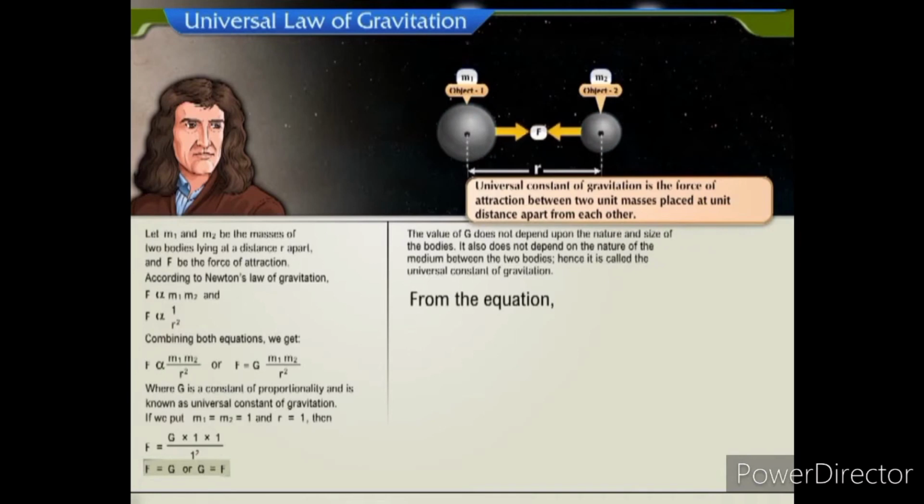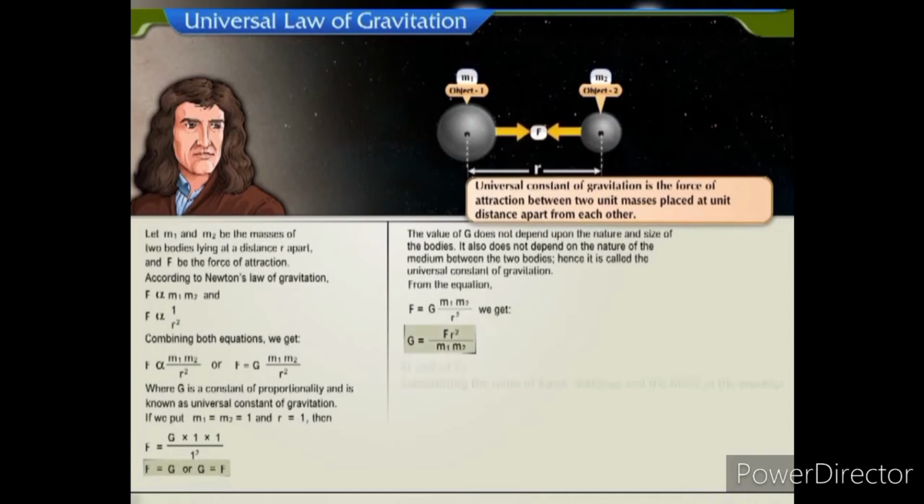From the equation F is equal to G into m1 m2 upon r square, we get G is equal to F r square upon m1 m2.